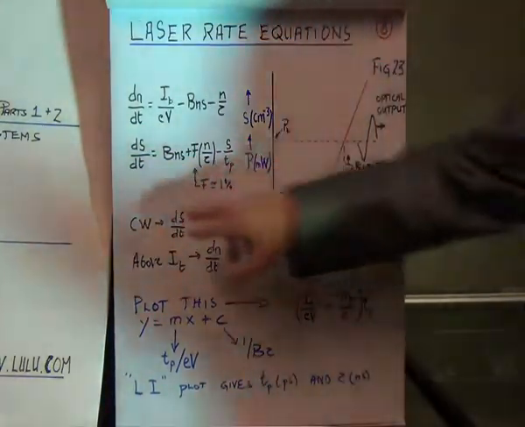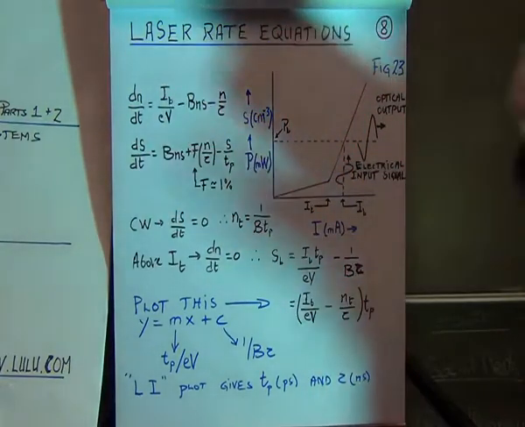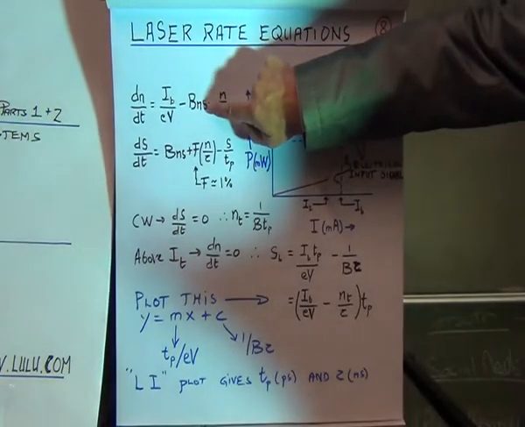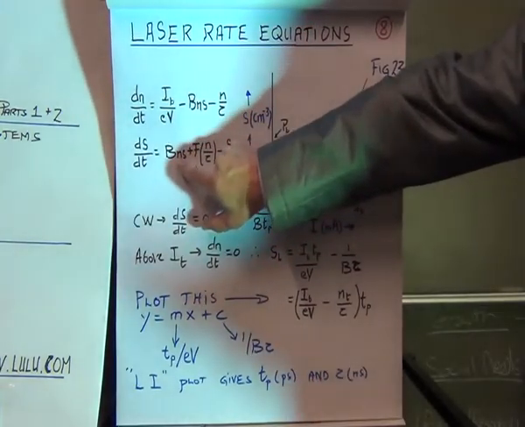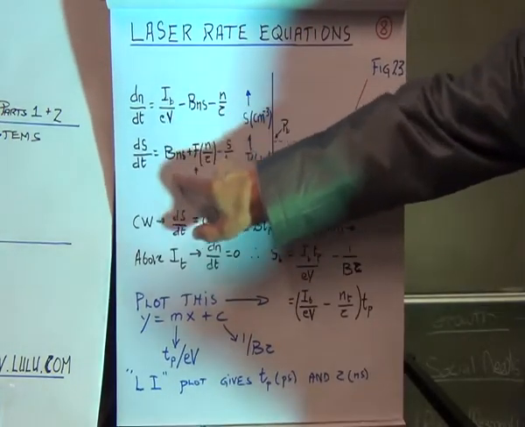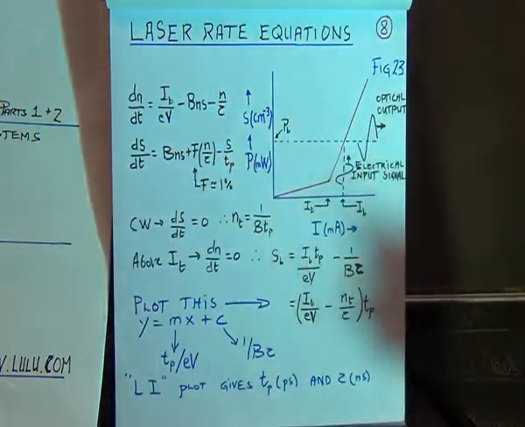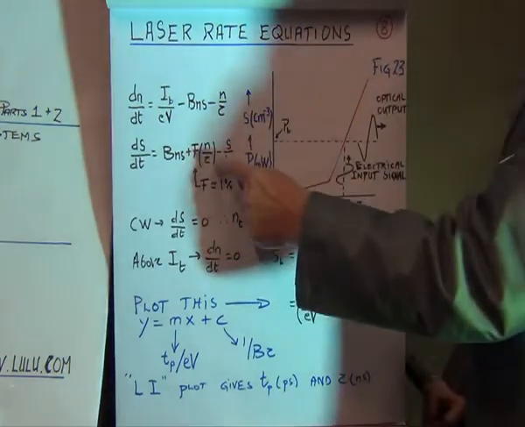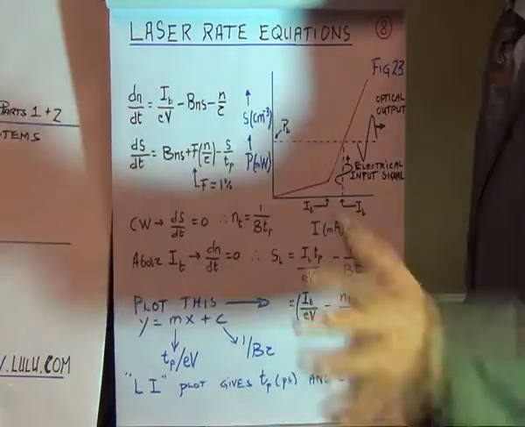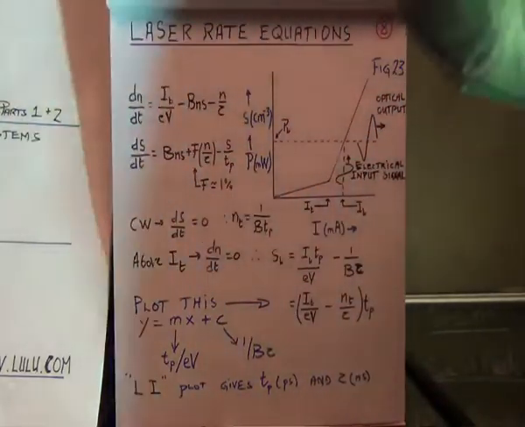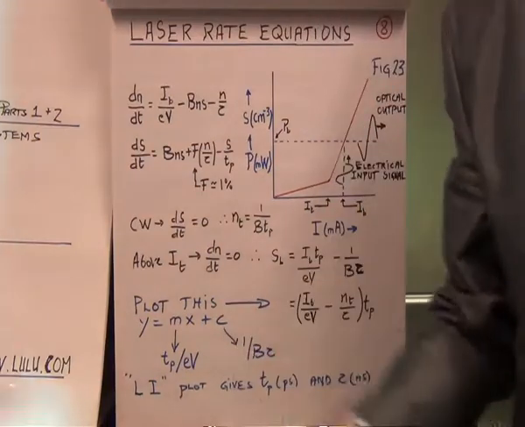And you can write a similar equation here for the photons. There's a common term: stimulated emission lost for the carriers is stimulated emission gained as far as photons are concerned. Photons are being generated at that rate by laser action. Also, the spontaneous action is contributing to the photons. But remember, spontaneous is all over the place. It's random. That means it's omnidirectional.